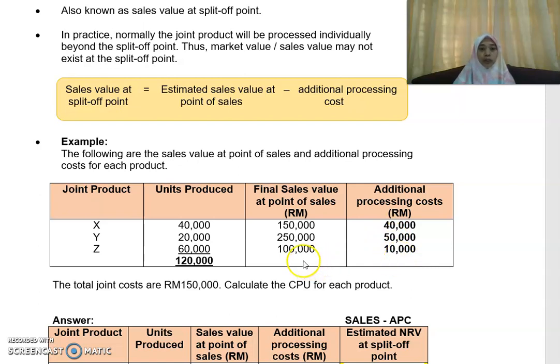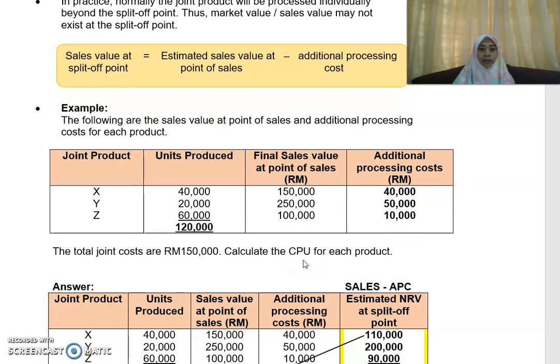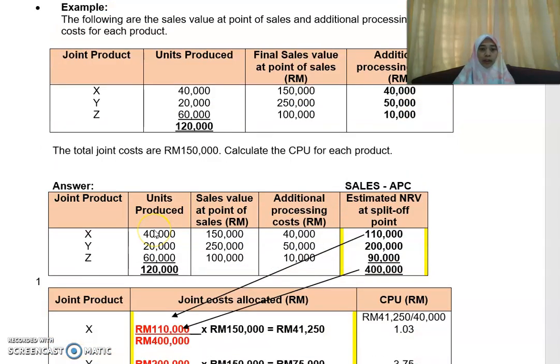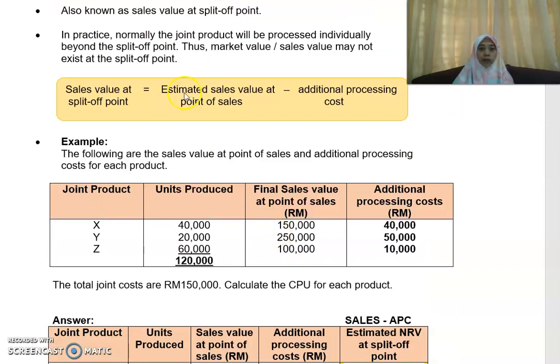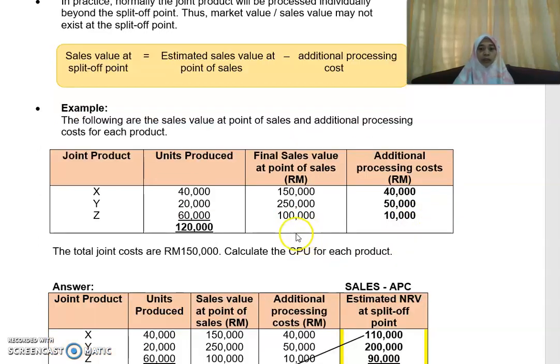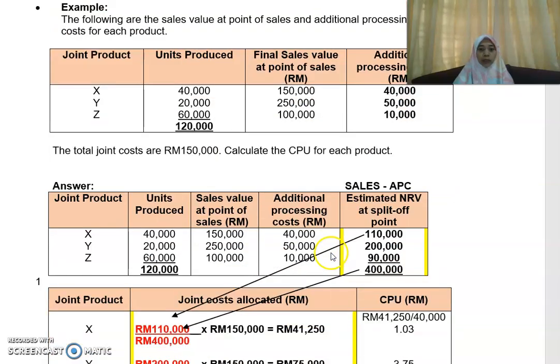So you need to work out how much is the NRV. How do you work out the NRV? The NRV will be the estimated sales value at point of sales minus your additional processing cost. So for X, you will get 150,000 minus 40,000, which gives you 110,000. That is the estimated net realizable value at the split off point.